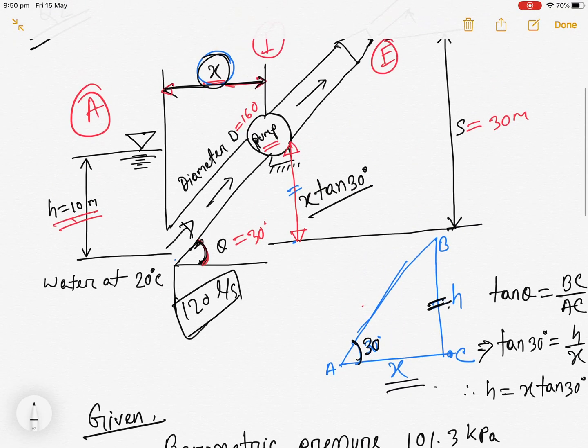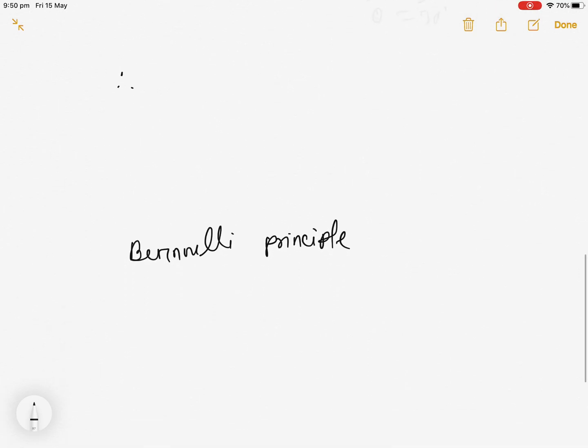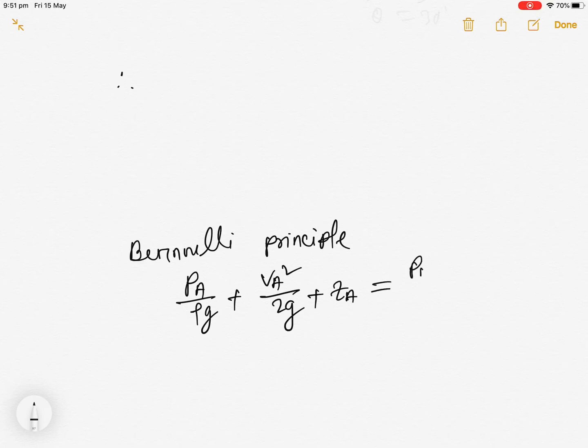So if I use the Bernoulli principle, at this section A and I, what can we write? We can write the pressure A over rho g, plus velocity A squared over 2g, plus the height ZA.